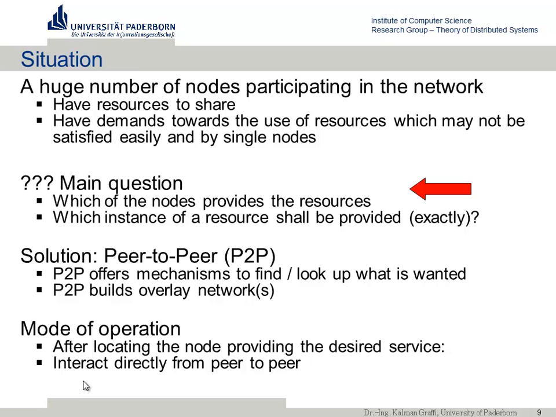Now there's probably somebody else, but that's a typical use case. Once we identify the providers of the specific file, the file is transferred directly. If I have the file and somebody else wants it, he asks me to provide it and I send it to him without a man in the middle. So that was directly peer-to-peer.